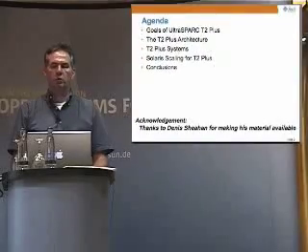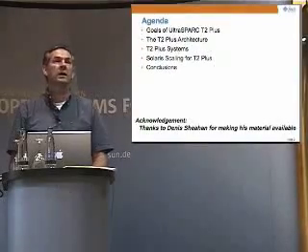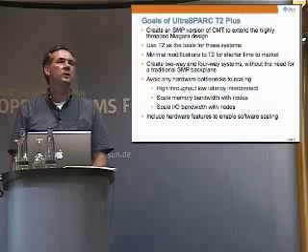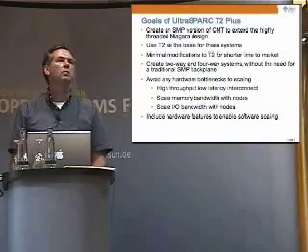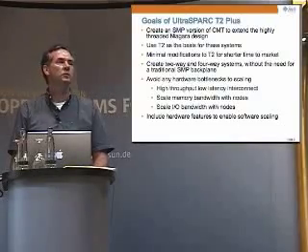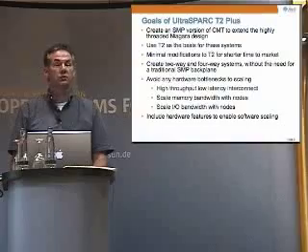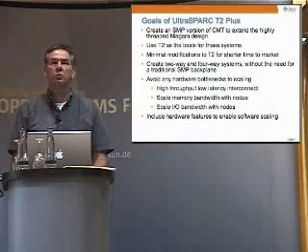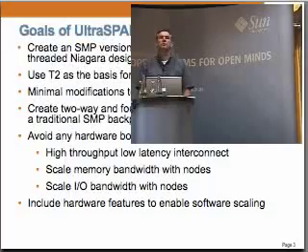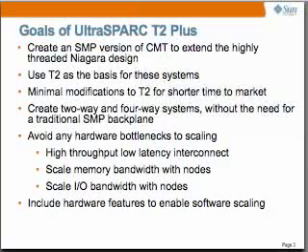So I'll start with the goal. We had Niagara 1, or UltraSPARC T1, then we had T2, and what we really wanted was to go beyond that single socket, but maintain a shared memory system. That was already pretty much from the design when we did T2; we wanted to make it scale to bigger systems in a shared memory way.